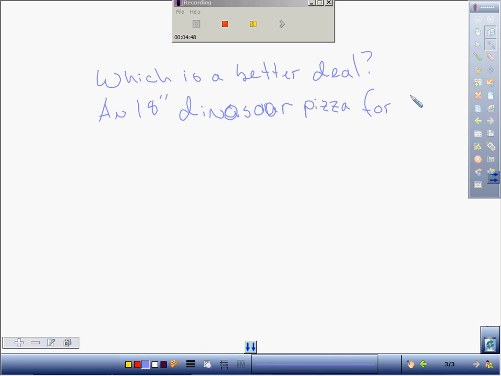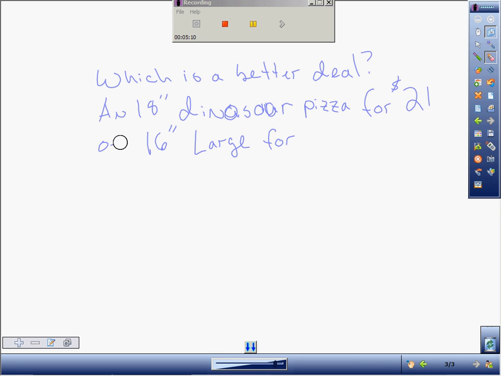For $21, and that's with 2 toppings. Or a 16-inch large, okay? Let's figure this out. Or a 16-inch large for $18. Okay? Which one do you think is a better deal?